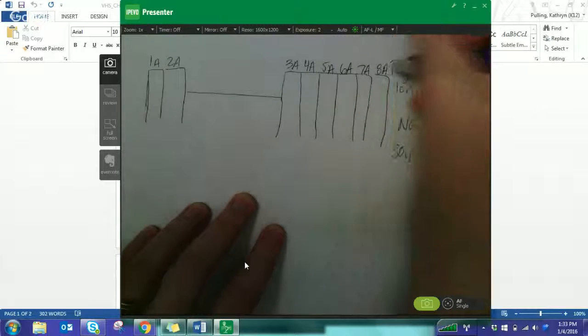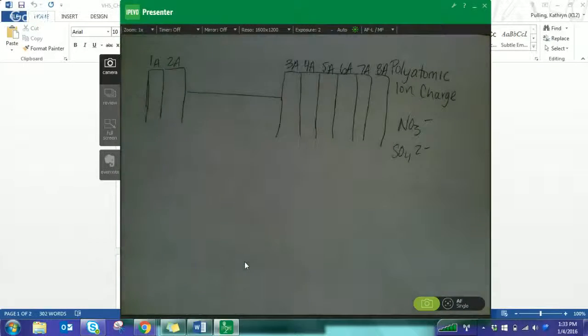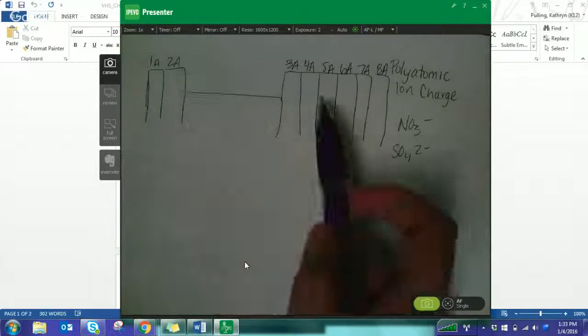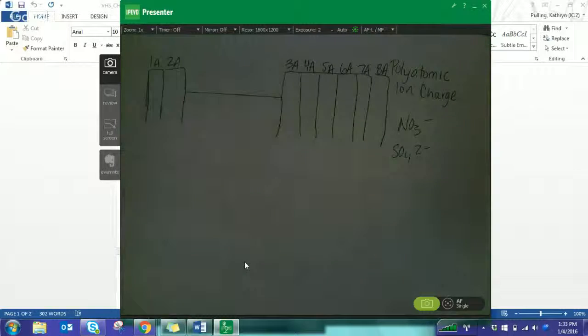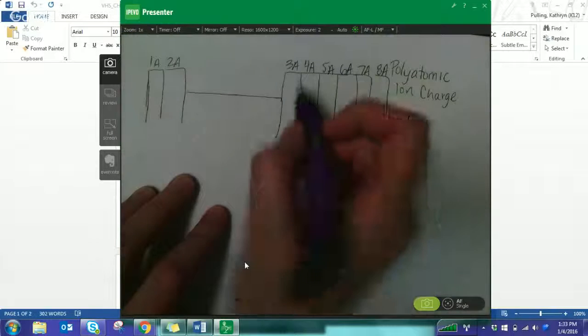Remember, the goal is to get to 8, like all of the noble gases. The numbers on the group tell you how many valence electrons those atoms naturally have. They're either going to give up electrons to drop down to 8, or they're going to take them, and that depends on where they fall.